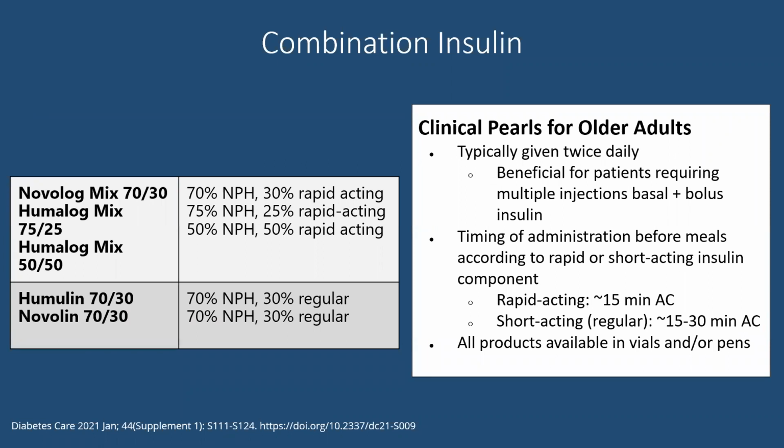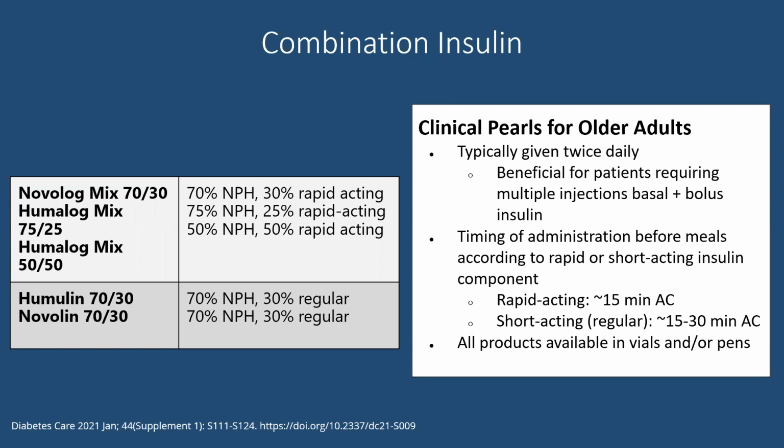And then you've got combinations. A lot of these are 70-30, 75-25 combinations where you've got primarily NPH or long-acting insulin like Lantus with a rapid acting or a regular insulin. So generally in your average diabetic, these are not recommended anymore because it doesn't provide very tight control.